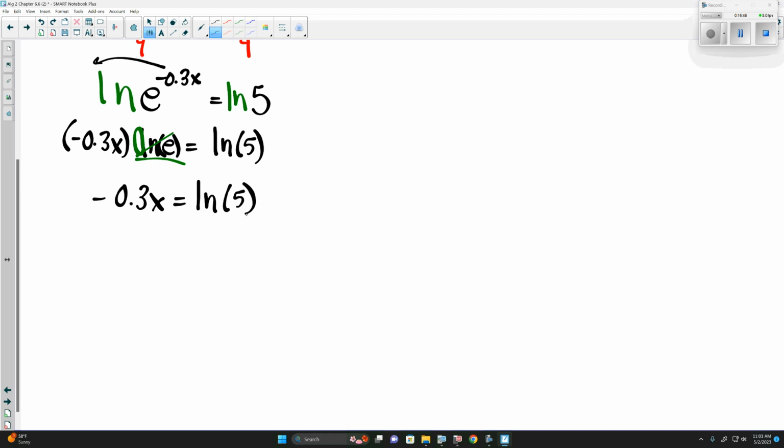And yes, at this point here, the variable is out of the exponent, but it's not by itself. So we need to divide both sides by negative 0.3, not negative 0.3x, just negative 0.3. Because we need x by itself, x is equal to the natural log of 5 divided by negative 0.3.